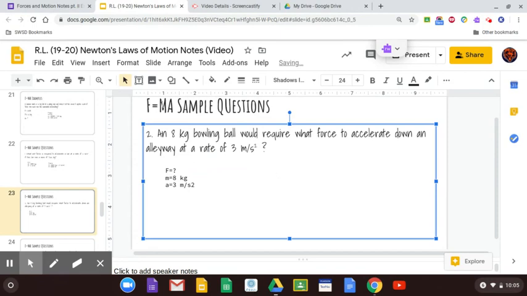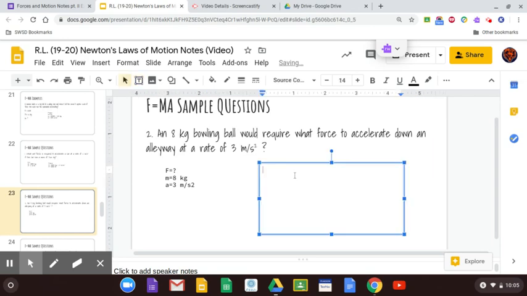So again, I always go right back to my trusty equation. F equals M multiplied by A. You can either use the asterisk or the X for multiplication. It really does not matter. Either one indicates that you should be multiplying. All right, so I still don't know what force is. That's what we're trying to figure out. Mass, I do know.